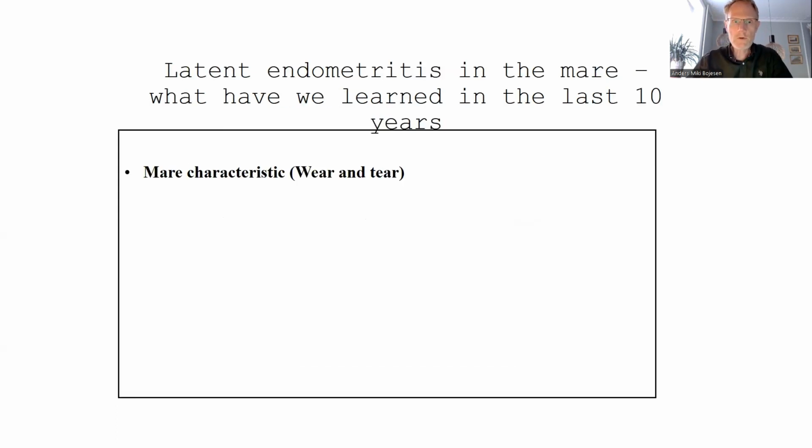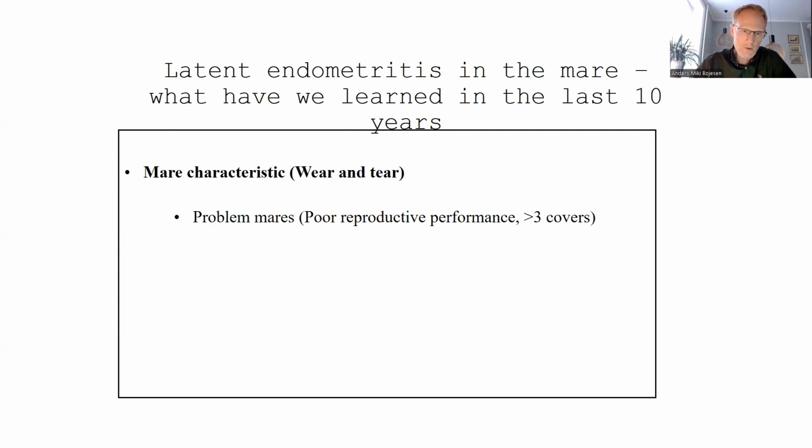So what have we learned in the last 10 years? What characterizes these chronic infections is that it's a wear and tear result. Mares that have been exposed to bacteria during breeding or foalings over the years will collect these bacteria and become chronically infected.